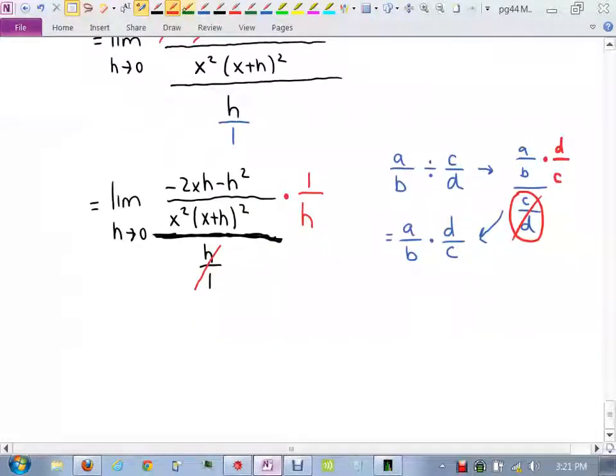I'm still working. I'm not done yet. Limit, h goes to 0. h comes out, negative 2x minus h over, or, I'm sorry, no, the common denominator.